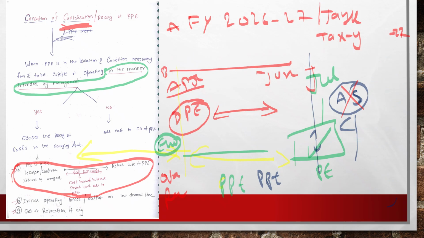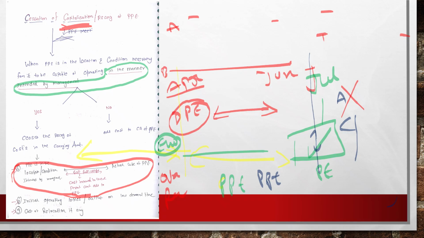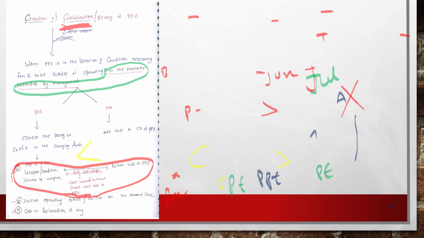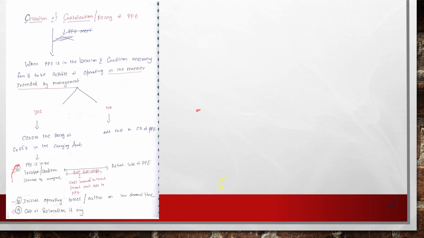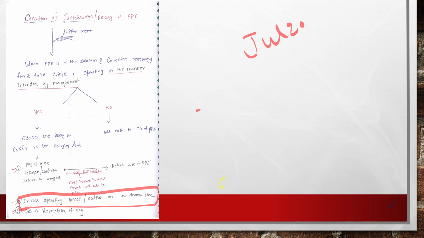Suppose due to these operations, once you have constructed or completed your PPE, you will not immediately start or get demand for that particular item. There might be a delay in your production process due to low demand. Suppose in the earlier example, you completed that asset in July 2026. But in July, there is low demand for your product.